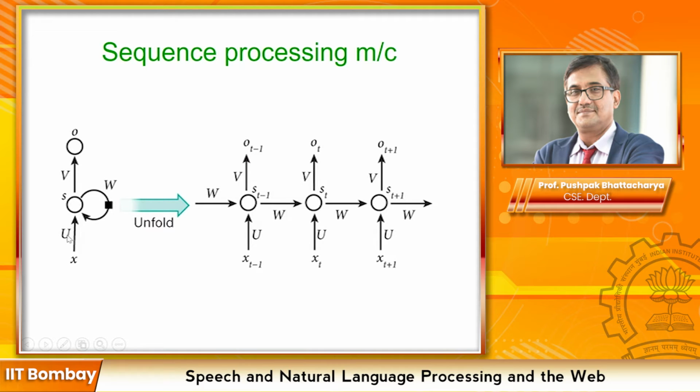So the weights U, V, and W, where V is going to the output neurons, and X is the input neurons going into the network which has state S through the matrix U, and the network feeding itself through the weight matrix W. Okay, this gets unfolded in time. So this unfolding is very important for recurrent neural network.